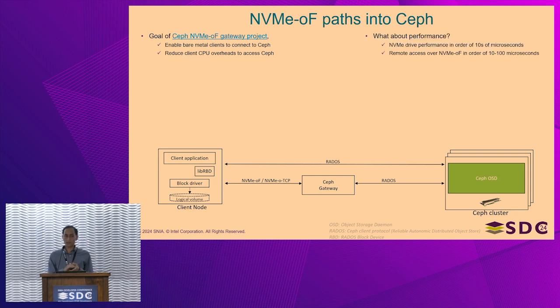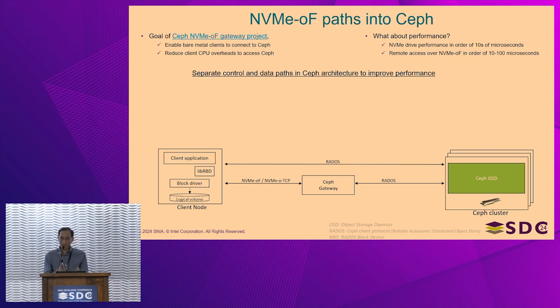But nowhere in this work is performance looked at. Right? Again, NVMe drives can operate in tens of microseconds, remote access over NVMe over Fabrics in tens to hundreds of microseconds. But the goal of this work was to maintain the default baseline performance, which is over Rados, right?